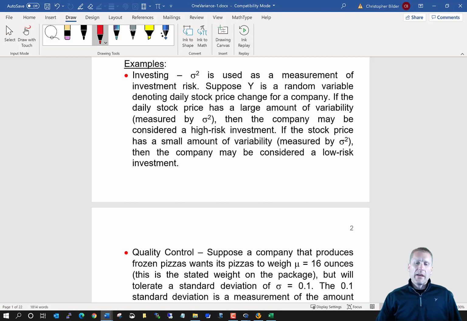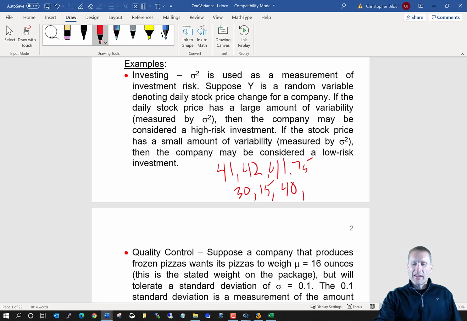So for example, let's say that you're interested in buying some shares of a particular stock. And the stock one day might be selling for $41 a share, the next day $42 a share, the next day maybe $41.75 a share, and so on. And suppose there's another stock representing a similar company, and its per share price on one day was 30, the next day it was 15, the next day after that it was 40, the next day after that 25, and so on.